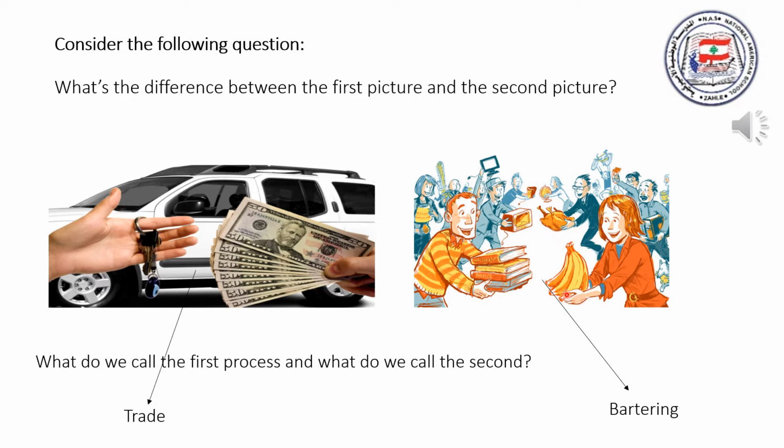So I have extra books, you have extra bananas. I give you the books and you give me the bananas. What do we call the first process and what do we call the second? The first is called trade and the second is called bartering.